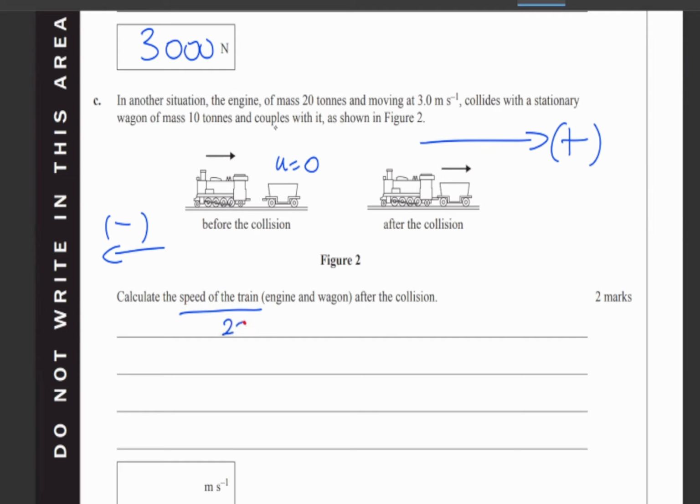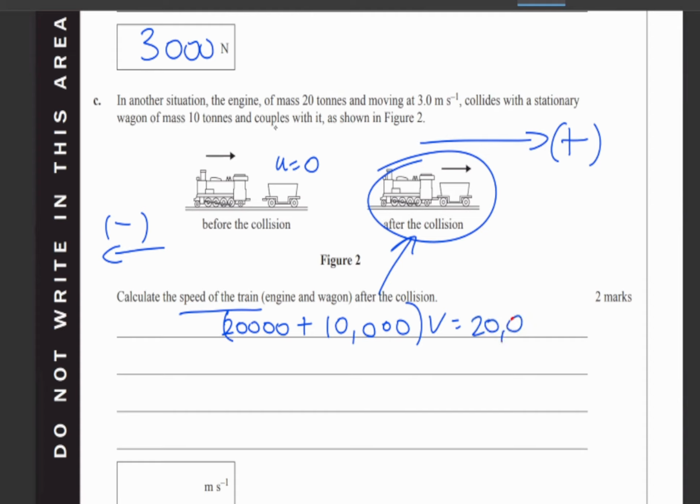So then 20,000 plus, that's this one when they're combined. So one system equals mass times V, equals that one.